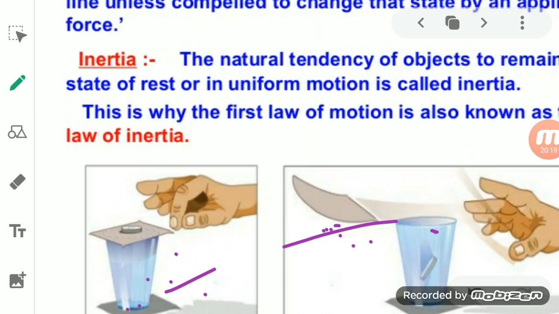Now when we hit the card with our fingers, an external force is applied. This external force is basically acting on the card, not on the coin. So when we hit the card with our finger, force acts on the card, and after applying this external force, it changes its state of rest to that of motion, because before that this card was in the rest position.